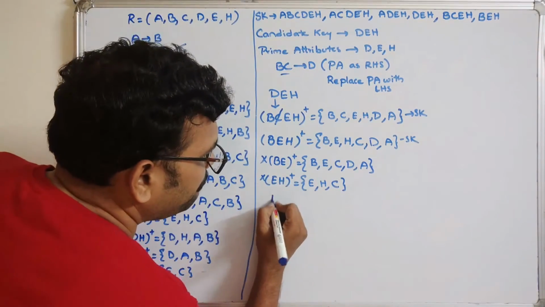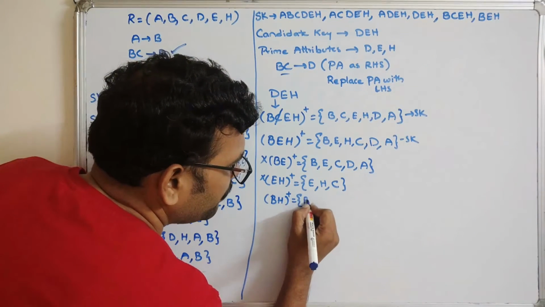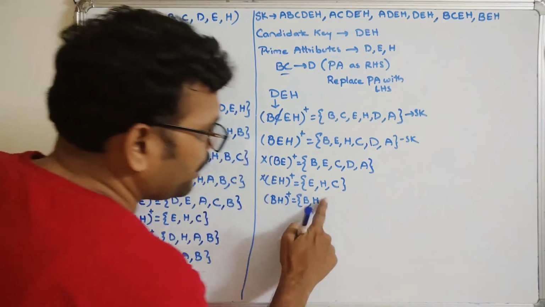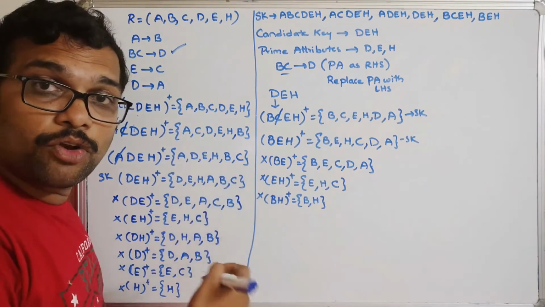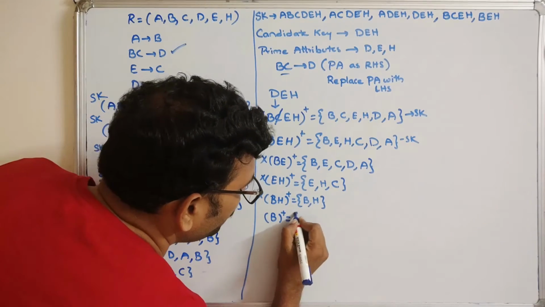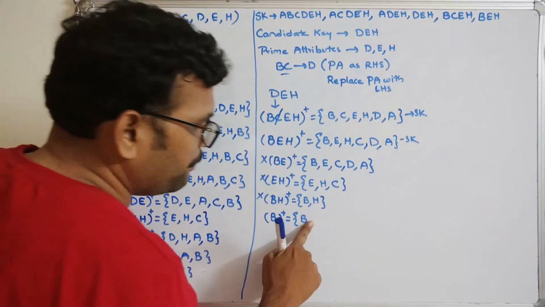Next, BH. So determine B and H, and if you know B and H, no other attribute can be determined. So this is also not a super key. Now find out the closures for single attributes. So B, find out the closure of B. So we can find B, and if you know B, no other attribute can be determined.